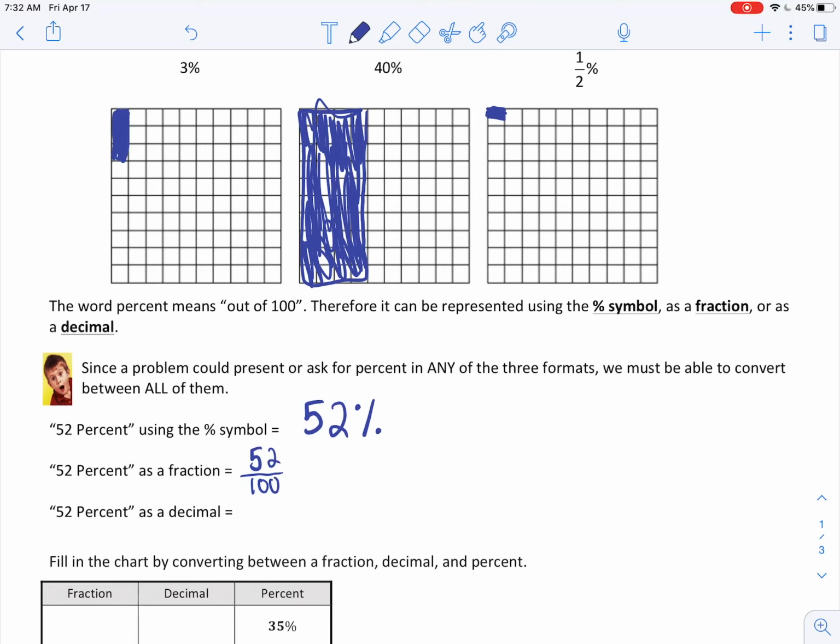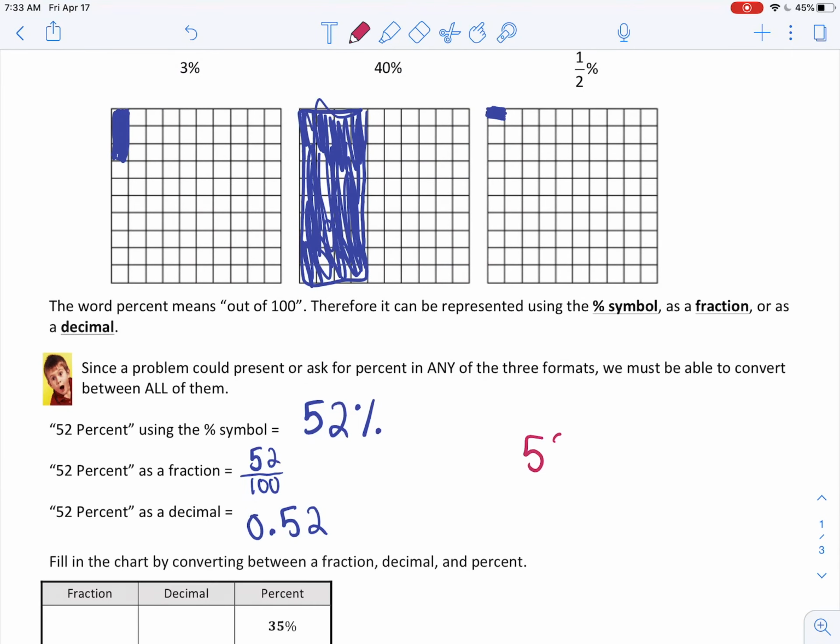Okay, and then 52% as a decimal. Well, if you take your calculator right now and you do 52 divided by 100, you are going to get 0.52. Okay, so you can use your calculator to find the decimal, or there is a little trick that you can remember.